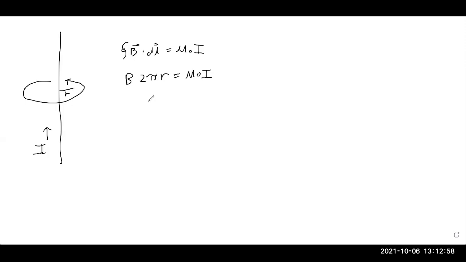So our magnetic field is mu naught I over 2 pi r, which is exactly what we had for the magnetic field from a long straight wire.